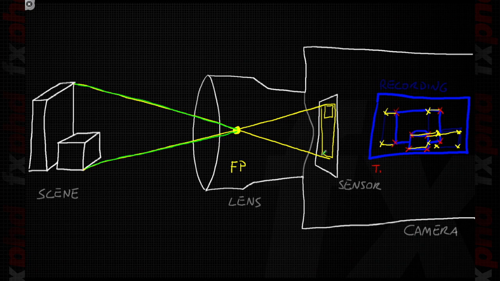But if we know a few data, we can get a lot of information regarding the triangulation. Because how can we know the distance of these rays of light from this point in the camera?